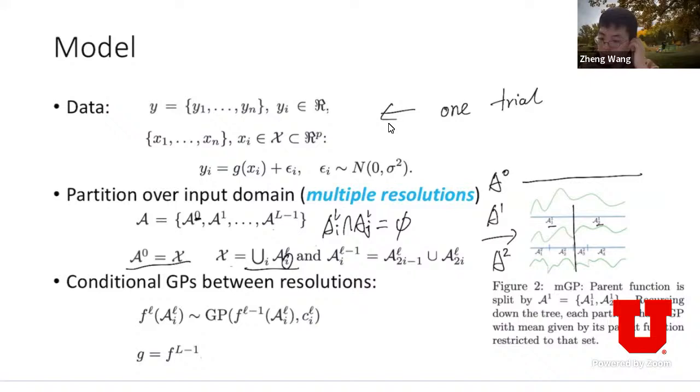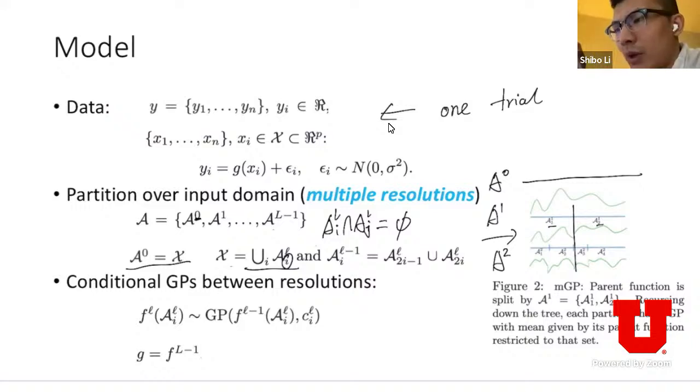They are trying to build dependent Gaussian processes between levels, but in the same level, the Gaussian processes are independent of each other.